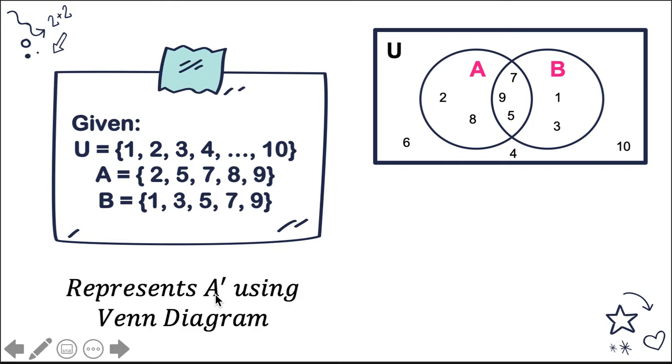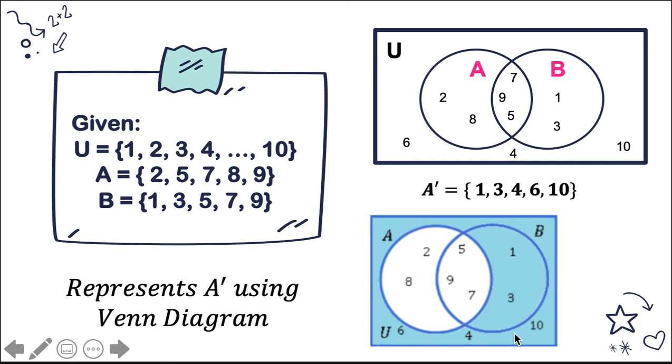We're going to get A prime, or the complement of set A. So again, we get the elements in the universal set which are not part of set A. Those numbers are 1, 3, 4, 6, and 10. Looking at our Venn diagram, all the numbers which are not part of set A will be the shaded portion.